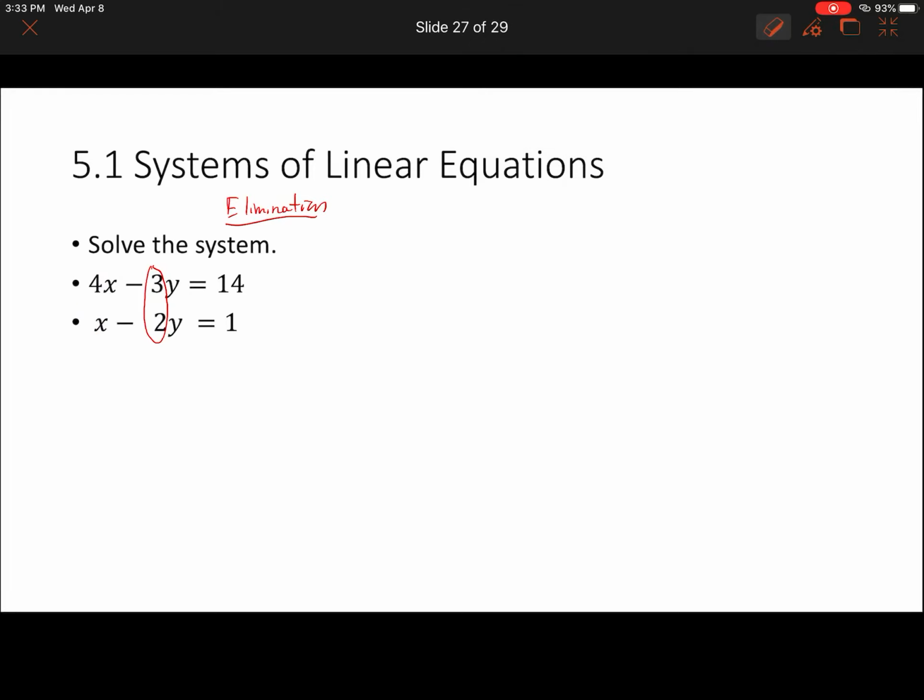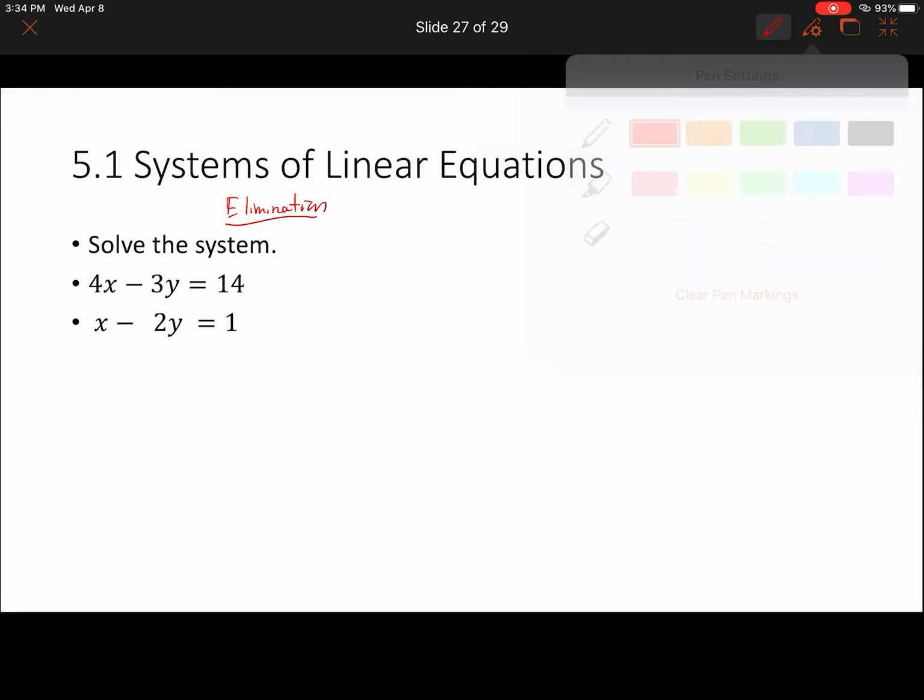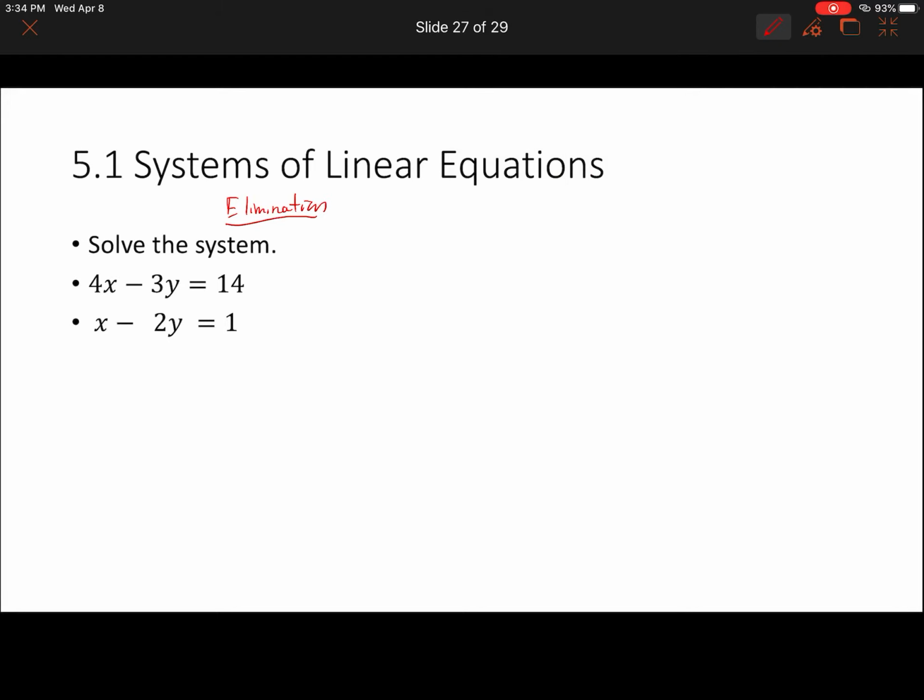In this case, though, you'll notice that the y values have the same signs, and the x values also have the same signs. So what I'm going to suggest is to take the bottom equation and multiply everything in it by -4. Now, somebody says, why -4?